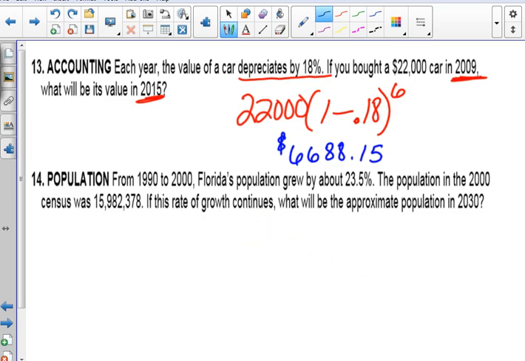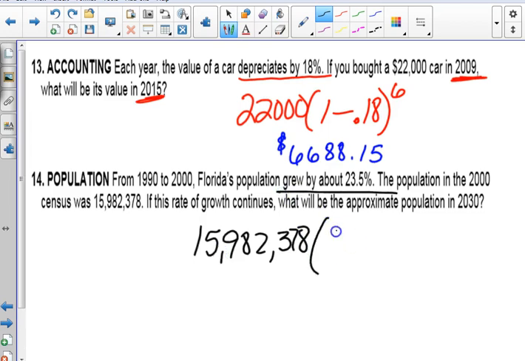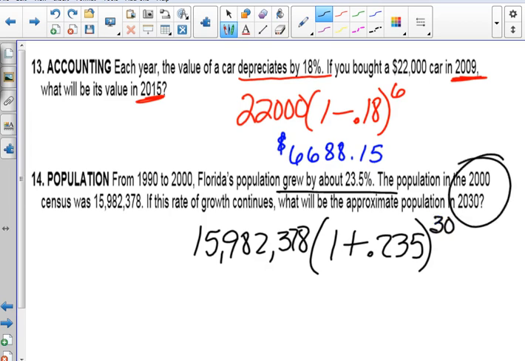All right. Down here we have the population started. Yeah, this is a huge one. I better type it in or I'm not going to be here for a half hour trying to listen to you guys read it to me. Okay, that big number is doing what? It is 1 plus 0.235. Do you really think Florida could be growing by almost 1/4 every year? I don't think so. That means like every year, every family of 4 added 1 more.